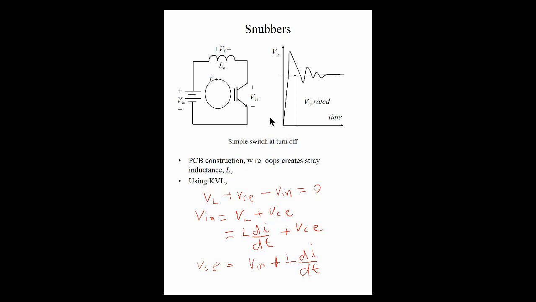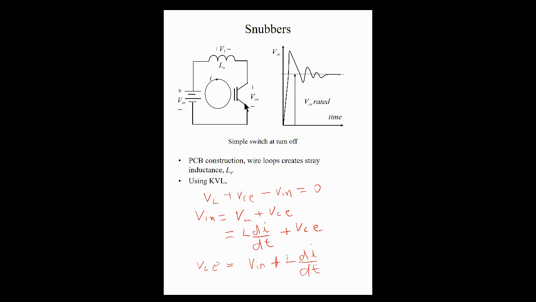So when the device switches from on to off, there's a high voltage seen across the switch initially. Normally you would probably see just about the same voltage as the source.